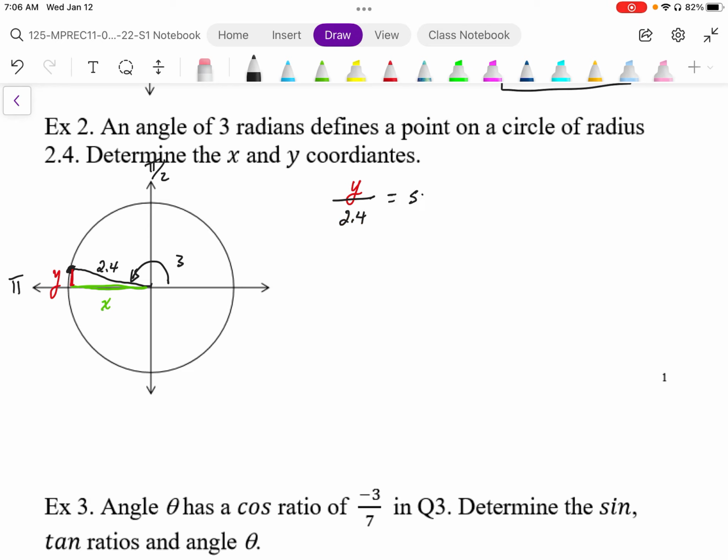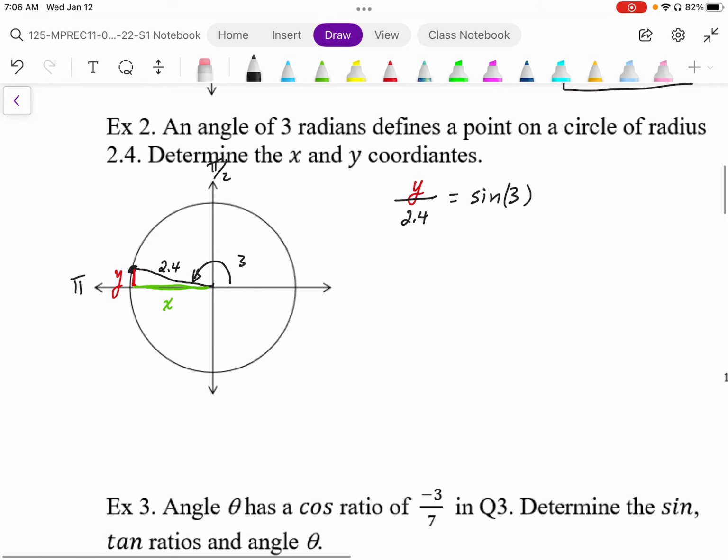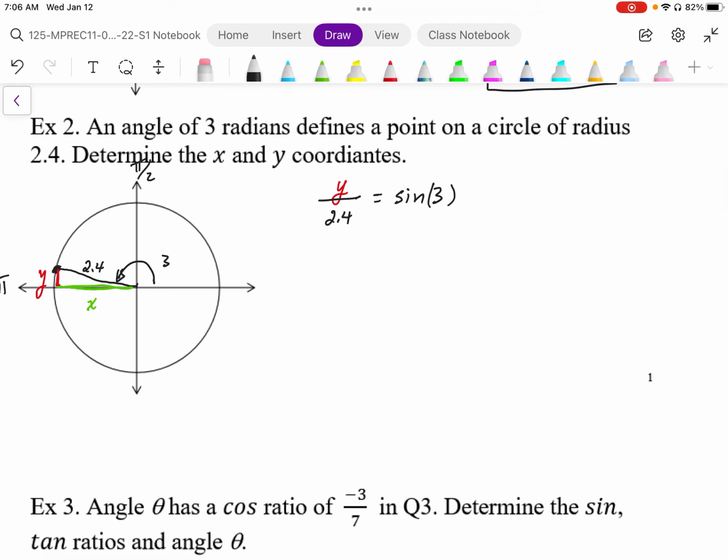So that's going to give me the sine of the angle 3. I can do the sine of angle 3 from my calculator, and that would then allow me to calculate y is equal to 2.4 sine of angle 3.